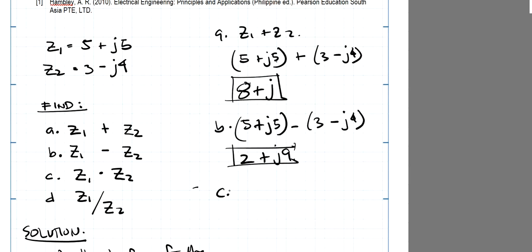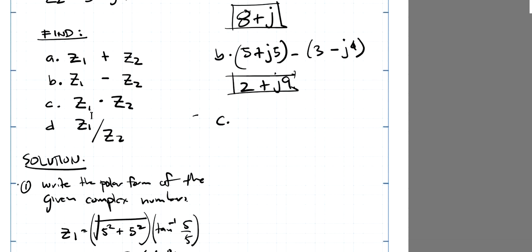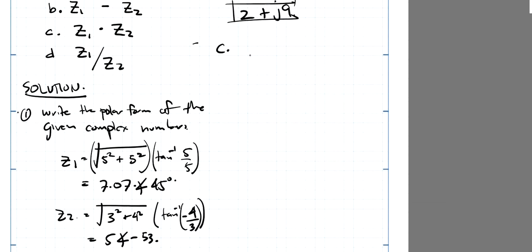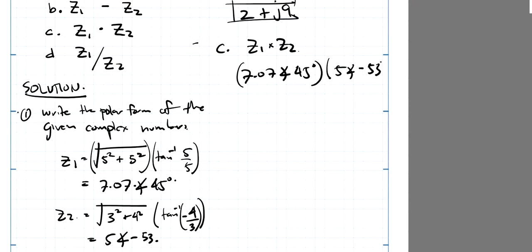Okay, next one is letter C, multiplication, so z1 times z2, and we will use the polar form. z1 is 7.07 angle 45 degrees, and z2 is 5 angle negative 53 degrees.